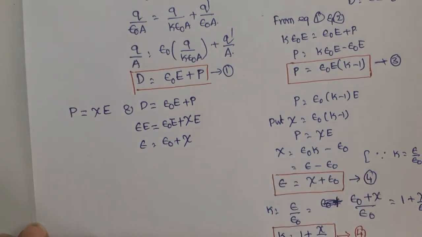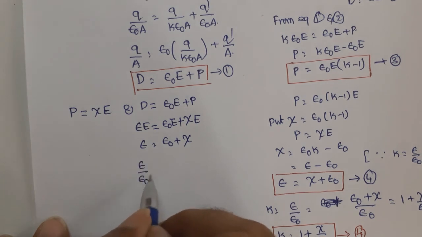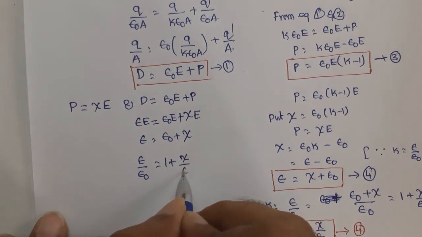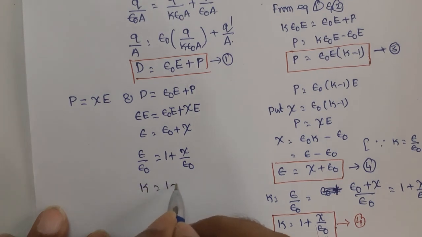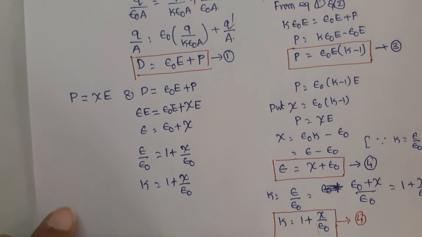Moreover, you can write this as epsilon by epsilon naught is equal to 1 plus xi by epsilon naught, or K is equal to 1 plus xi by epsilon naught. Now from this you can write that K epsilon naught minus epsilon naught is equal to xi.